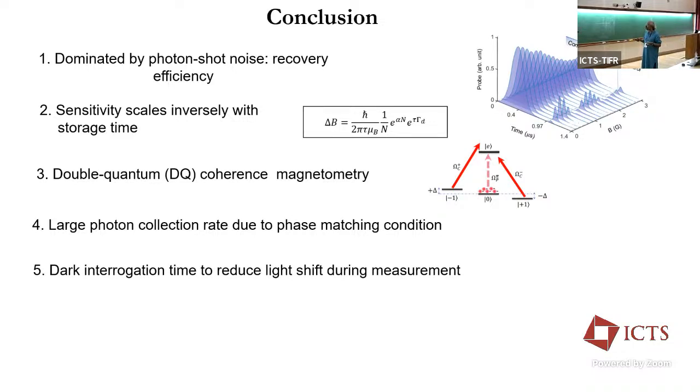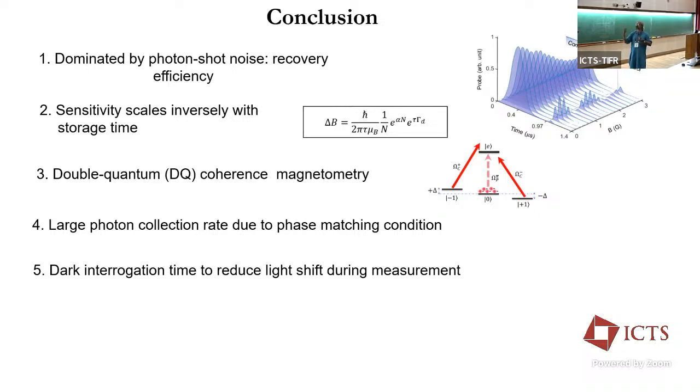One very big advantage here is that when one is recovering, as opposed to Ramsey and so on, where you let the atoms precess in the dark and then flip the atoms back so that the coherence is mapped to population, the measurement is always a fluorescence measurement.